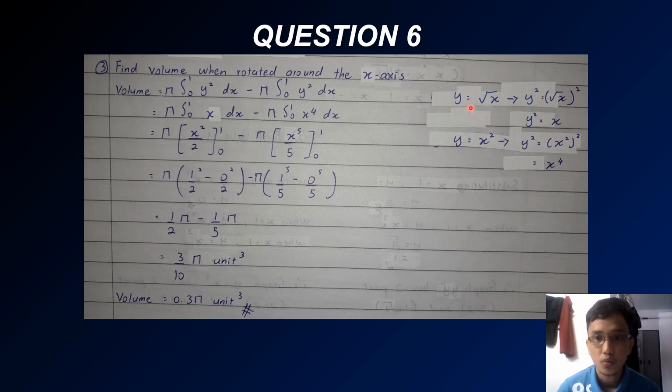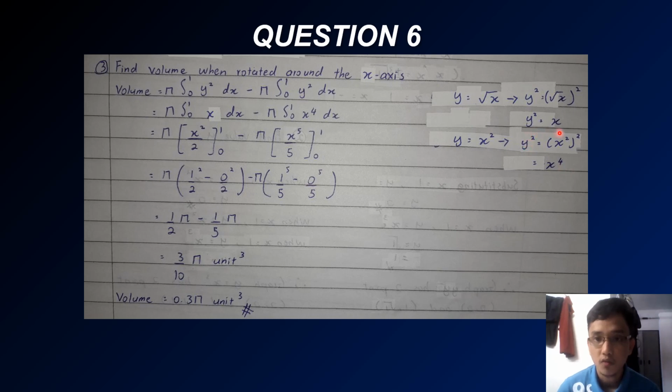For y equal to square root x, we square both sides and get y power 2 equal to x. For y equal x power 2, we square it again and get x power 4.